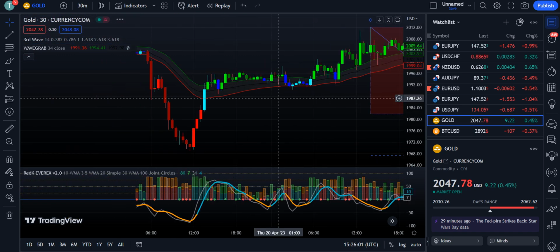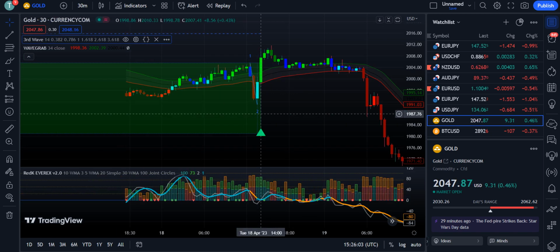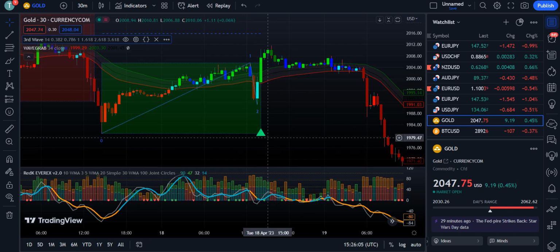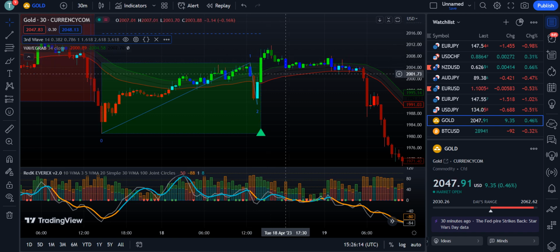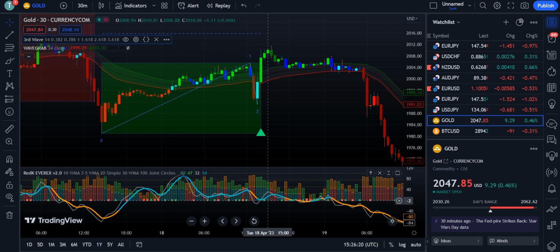Okay, when we see when to take a long trade, always remember that first of all, your Third Wave indicator has to give you a buy signal. The second thing you have to look at is that your market should be above these EMAs. The third thing is that these Red K Forex lines should be above the baseline.